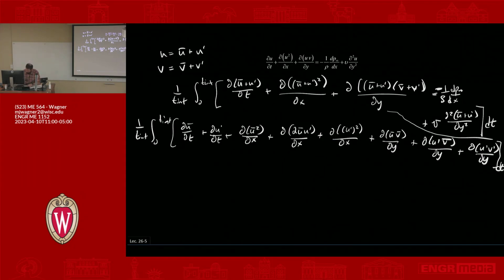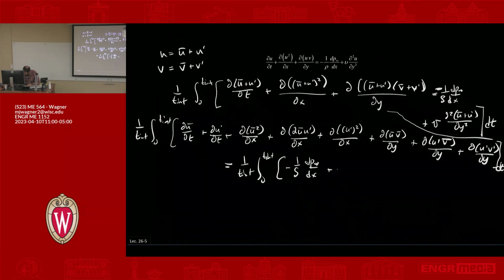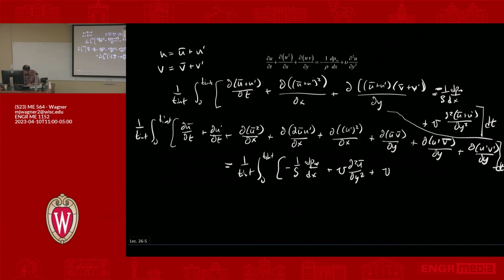Okay, so that's equal to, on the right-hand side, just a few things to expand out here. Again, 1 over t int, integral from 0 to t int of the quantity minus 1 over rho dp infinity dx plus nu, kinematic viscosity, partial squared u bar partial y squared plus kinematic viscosity, partial squared u prime partial y squared, dt.